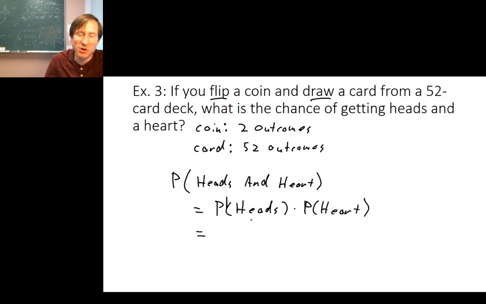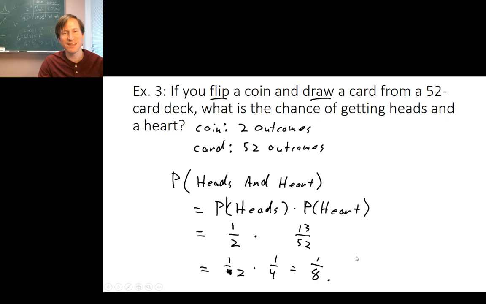When you flip a coin, the probability of getting heads is 1/2, because there's 1 head out of 2 sides. For the probability of getting a heart, there are 13 hearts out of 52 cards. 13 over 52 is 1 over 4. So this is 1 over 8 total.